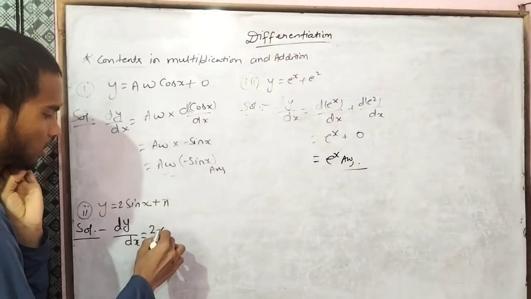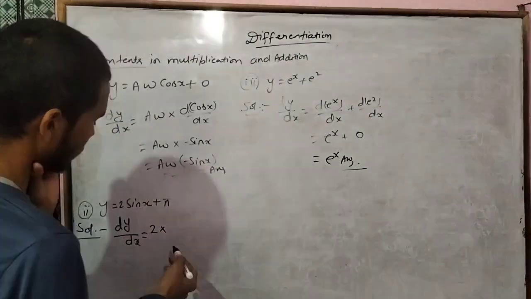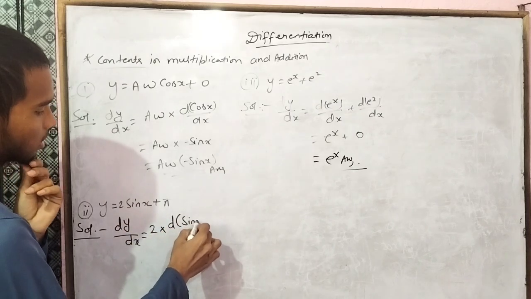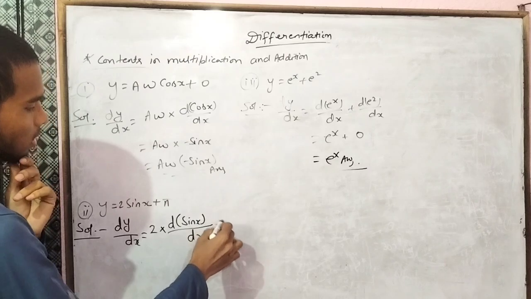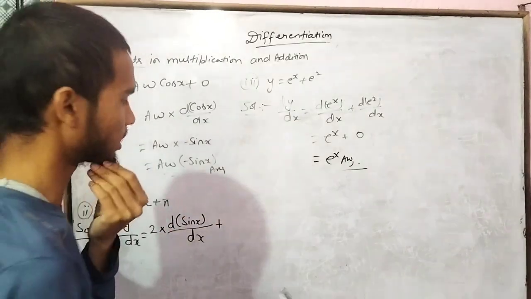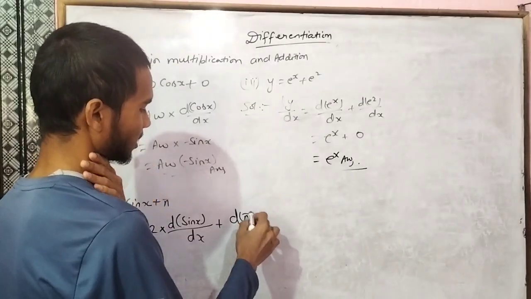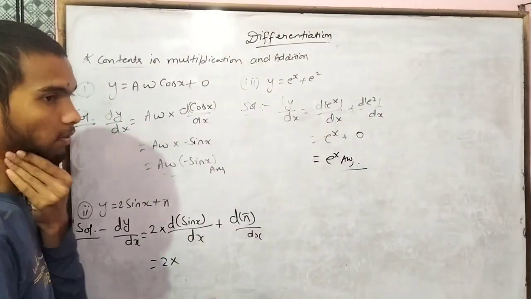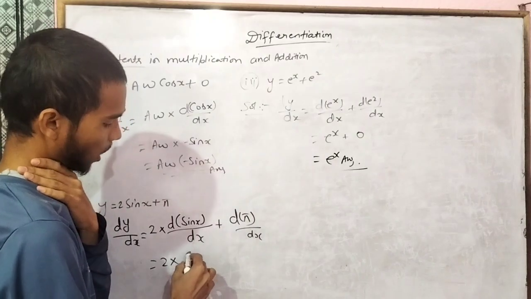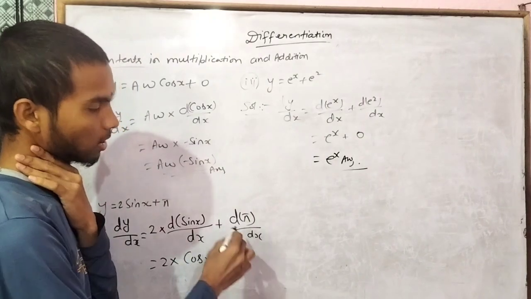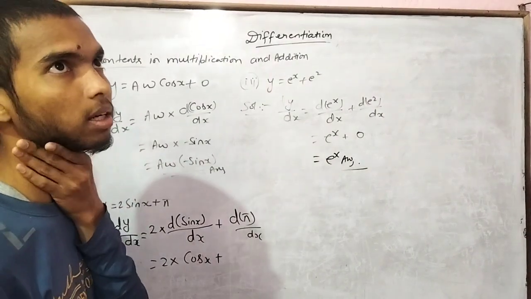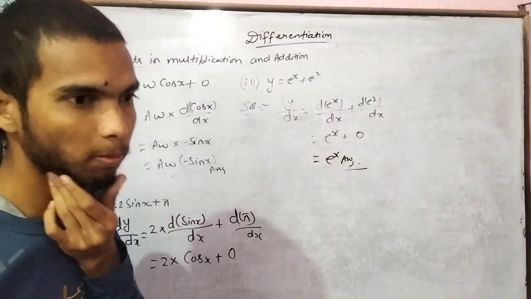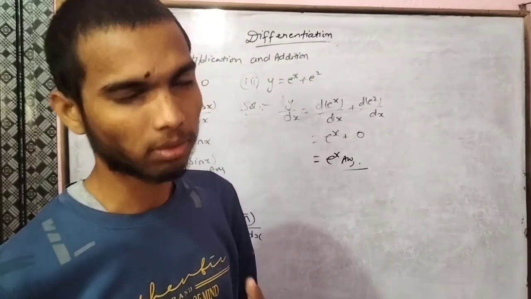Two is a product with the derivative of sin x, then the derivative of pi. So the derivative of sin x would be cos x, and the derivative of pi would be a constant, which is 0. What is the value of pi?